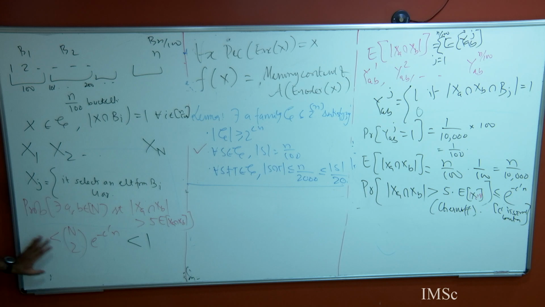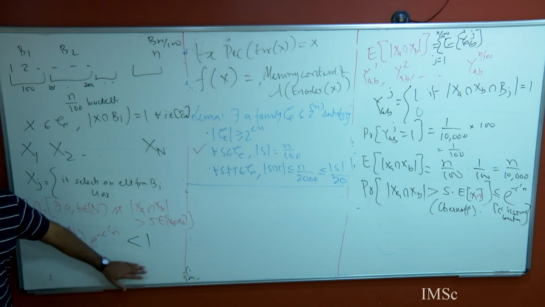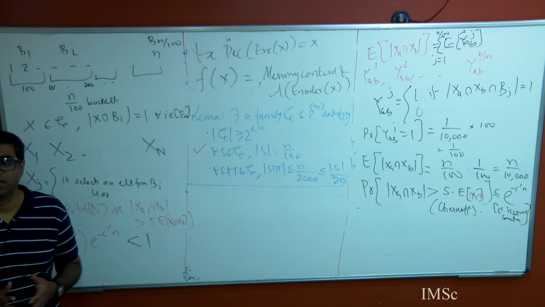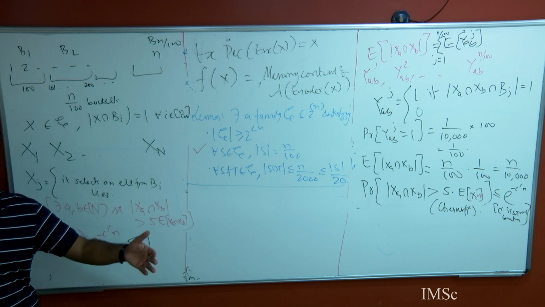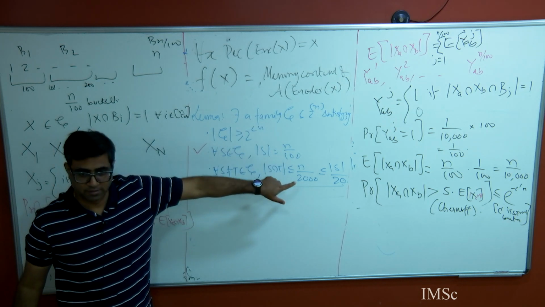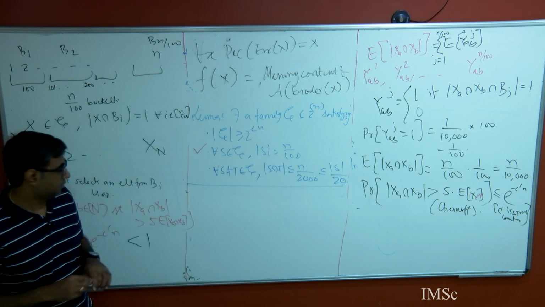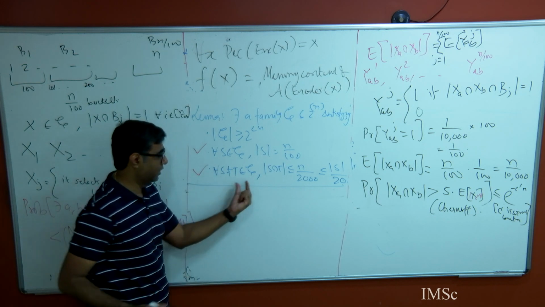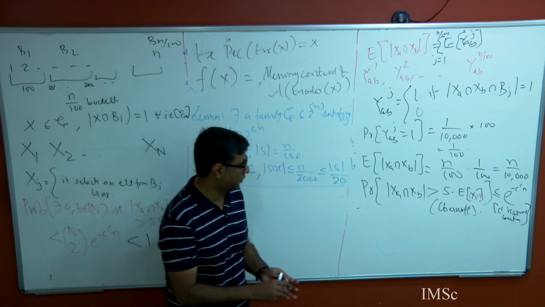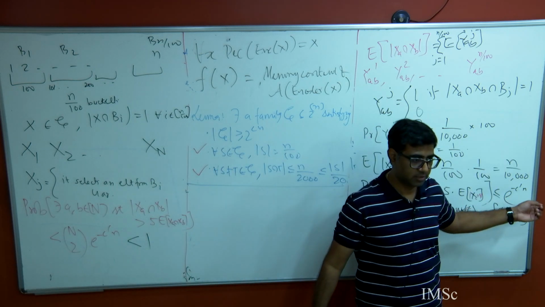If I show that this is less than 1, then am I done? Then what I have shown to you? If this is less than 1, it means there exist x1 to xn, each of size n by 100, and for all s and t their intersection is at most n by 2000, because that is 5 times this.